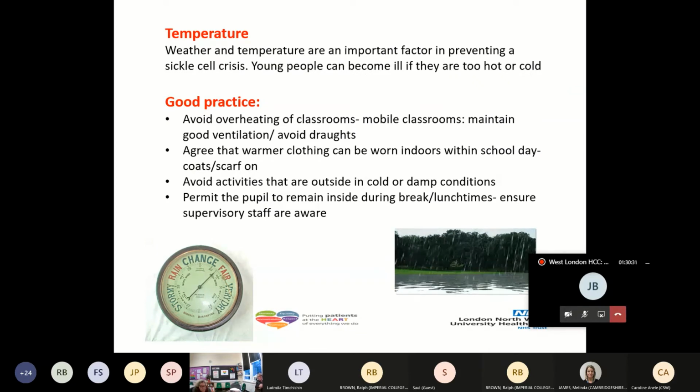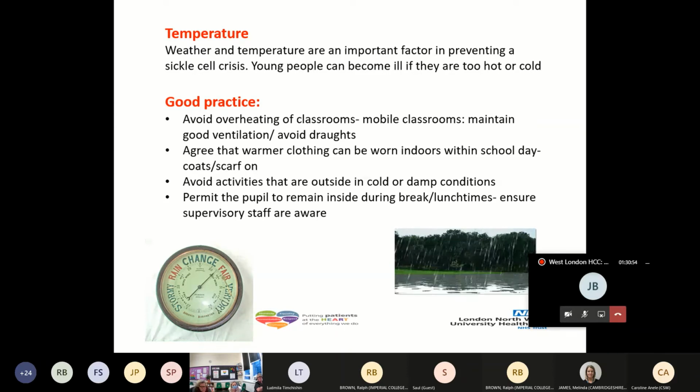So temperature is a huge factor, actually, to be honest, in preventing a sickle cell crisis, and it can become a problem if the weather is too hot or too cold. They can become ill and they can have a crisis. So again, things that you can do within school would be to avoid overheating of the classrooms, particularly if they're like portacabins or mobile classrooms.